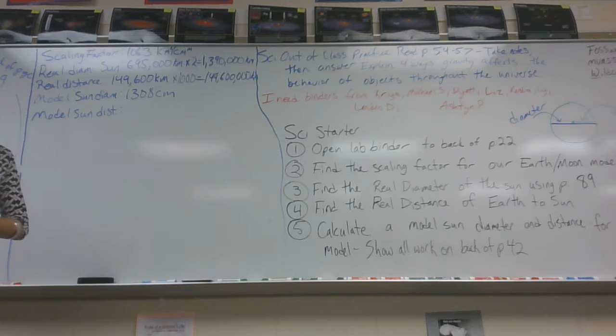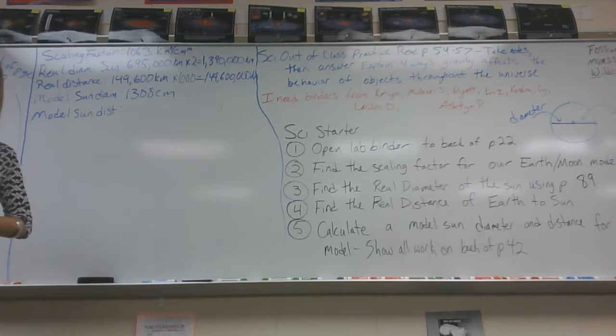So now to find the model distance, what are we going to do? No. We're going to take the real distance and we're going to divide it by the scaling factor. Because what we're trying to find is the model distance.